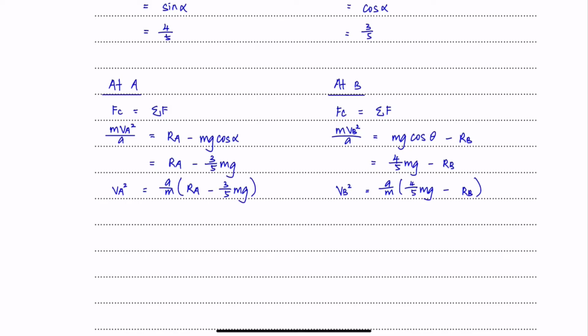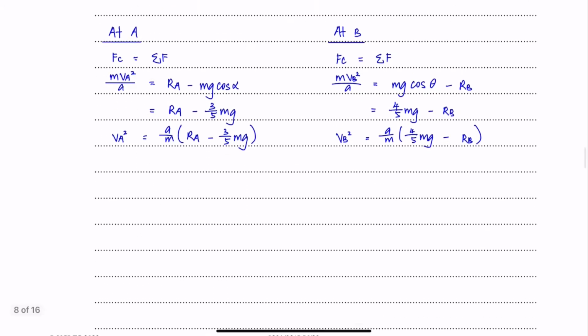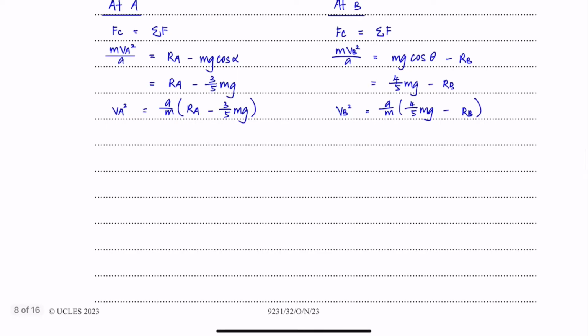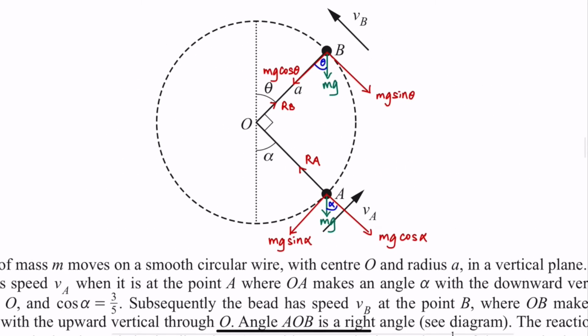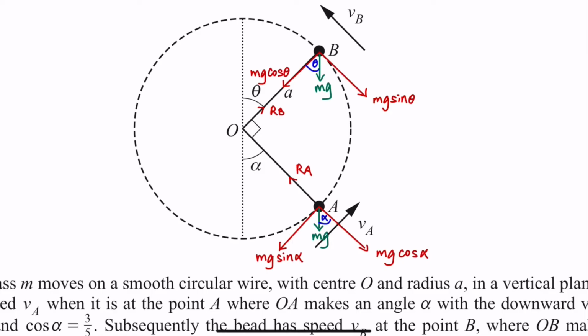And now we need another equation to find the values of Ra and Rb. So we can use this: the change in the gravitational potential energy equals the change in the kinetic energy, because the total energy in the system is always constant. So we need to find the change in height for the bead. From A to B, what is the change in the height?